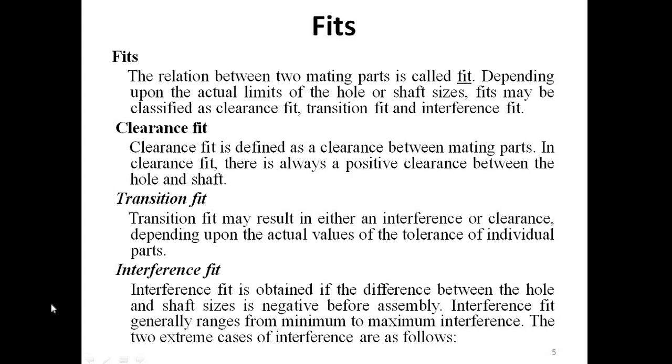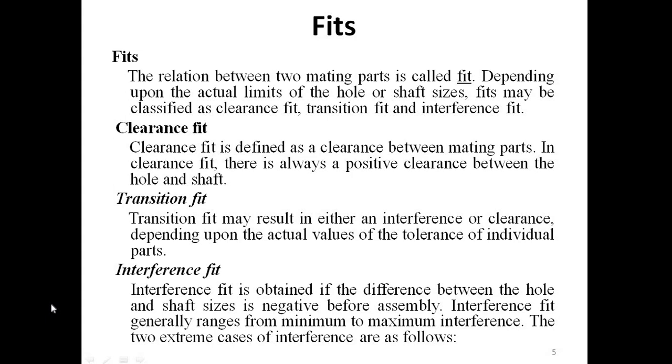Second is the transition fit. Before that, we will study what an interference fit is. An interference fit is obtained if the difference between the hole and shaft sizes is negative before assembly.